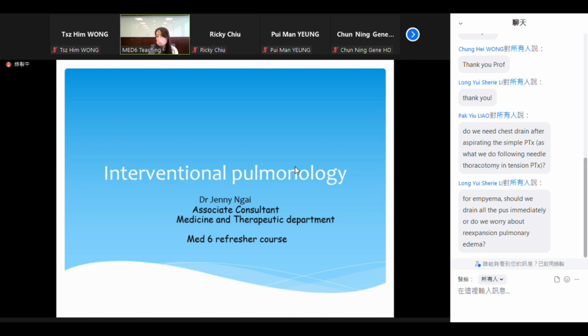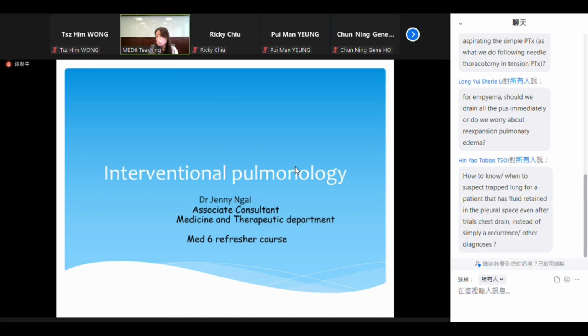So in our daily practice, for pleural effusion or even pus, we will drain 1.5 liter first. And then if the patient is still very breathless or in respiratory failure, then we will drain 500 ml per hour. We will stop the drainage, and then next hour will be 500 ml. Next hour will be 500 ml to prevent pulmonary edema.